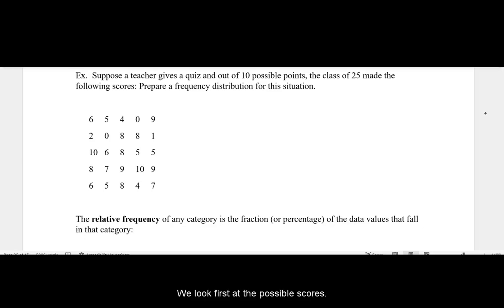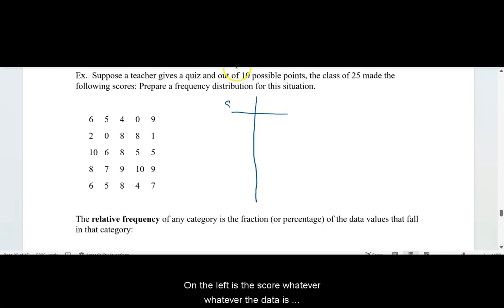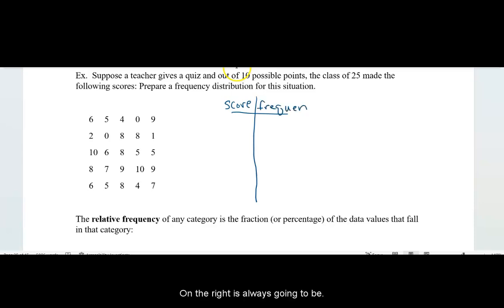We look first at the possible scores. It can be anywhere from 0 to 10. So the first thing I'm going to do is create this little chart. On the left is the score. Whatever the data is, this is what you label as the left. In this case, it's scores, so we're going to put scores. On the right is always going to be frequency.